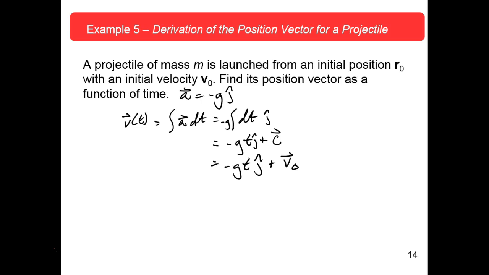So when we integrate again, this is the velocity vector, which is the first derivative of the displacement vector. So when we integrate that, we get the displacement vector.